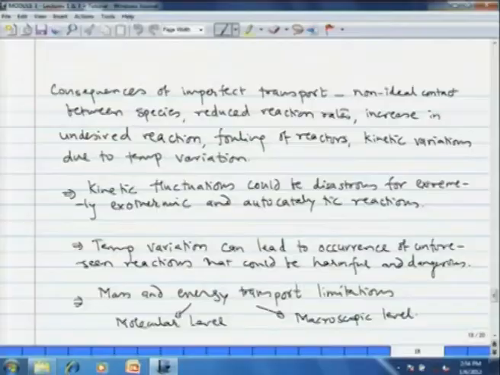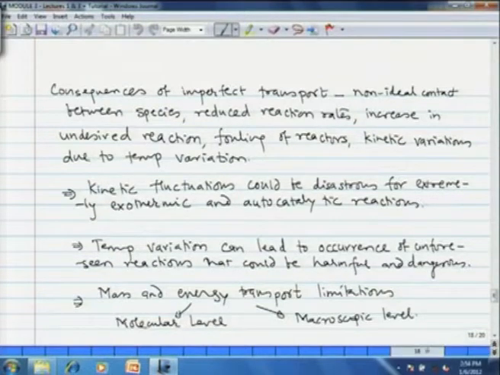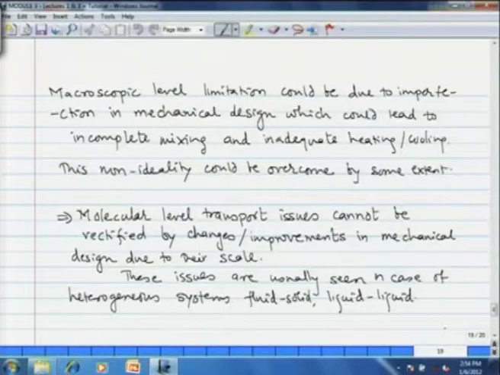Then the mass and energy transport limitations could be of two types. Firstly, they could be on the molecular level or the macroscopic level. The macroscopic level limitations could be due to imperfection in the mechanical design of the reactor, which could lead to incomplete mixing and inadequate heat transport, heating or cooling.